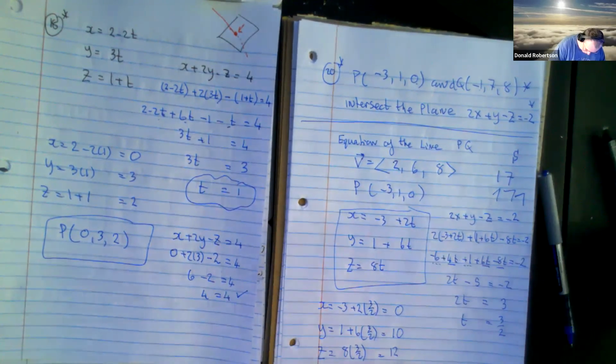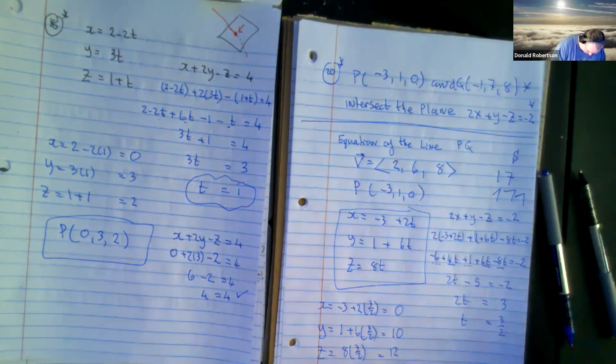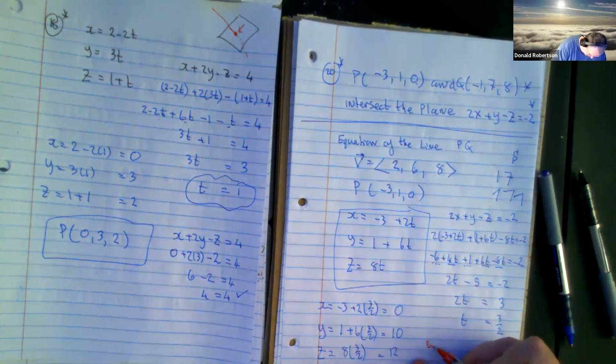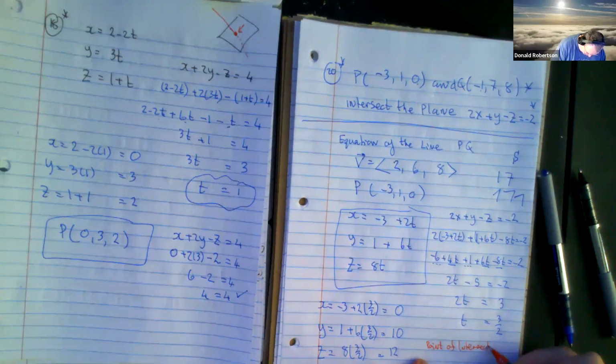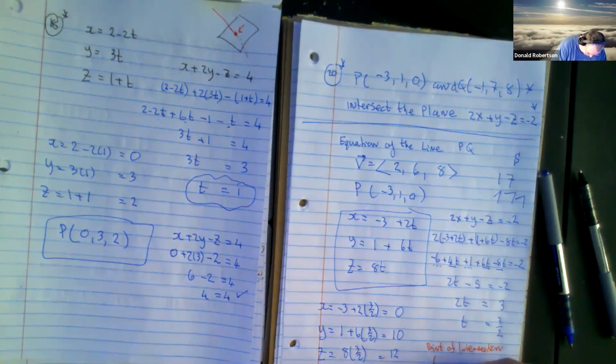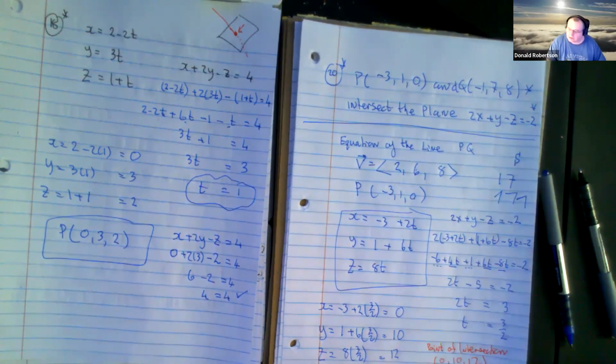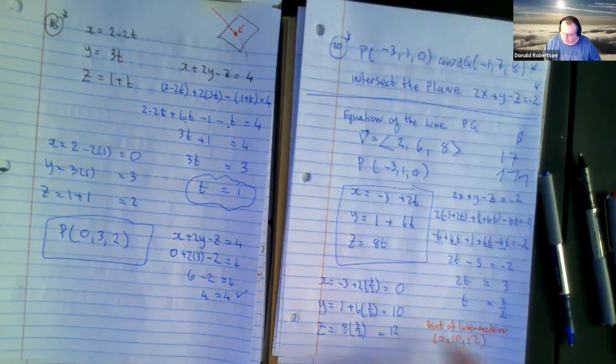So the answer to this question is the point of intersection is 0, 10, 12. And it's unique, right? If there's 1, that's it. There isn't any others.